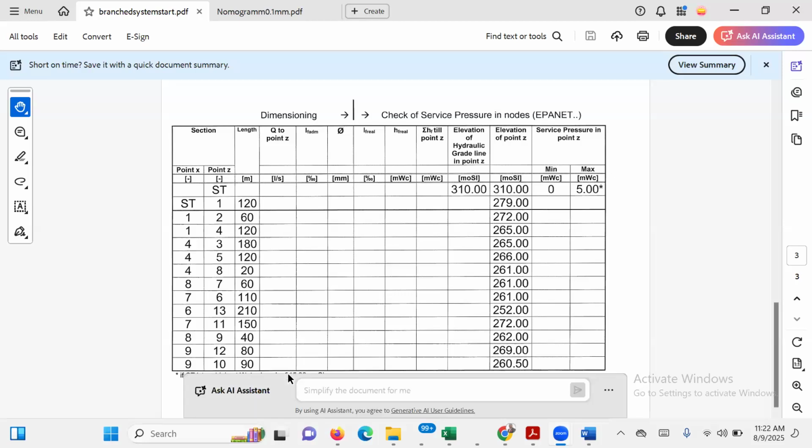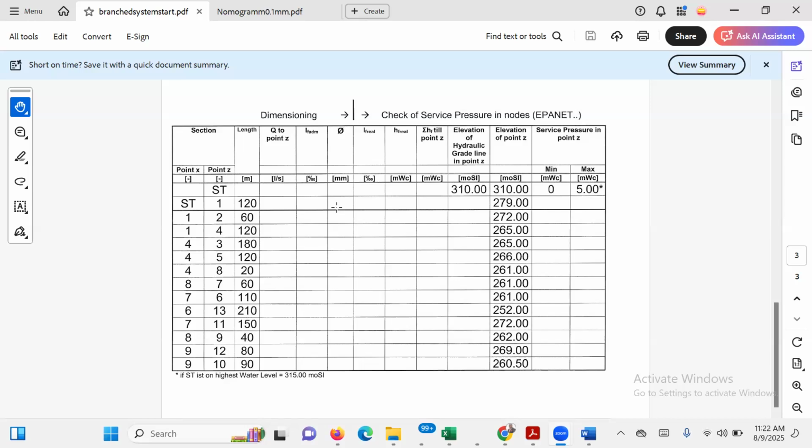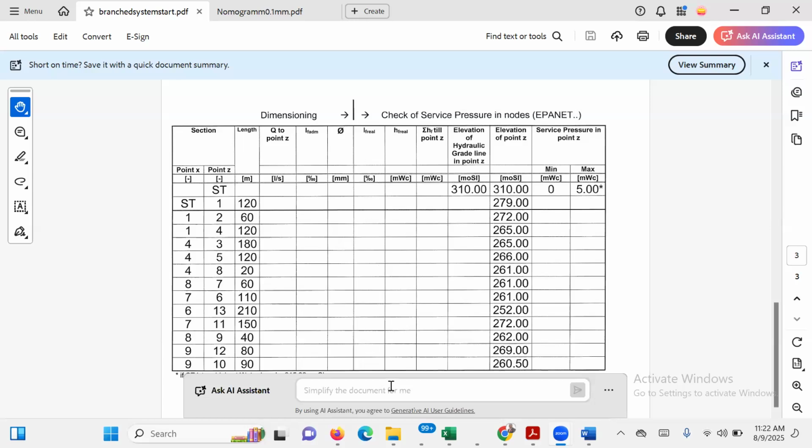In that order, I'll fill it here. Then the diameter of the pipe, we got about 125, 100, 65, 65, 65, 75, and in that order. I'll just fill it here. But practically, I'll use 2 pipe sizes, 100 mm and 75 mm. It will do the work. Or 3: 125, 100, and 75. I don't need to go too deep.